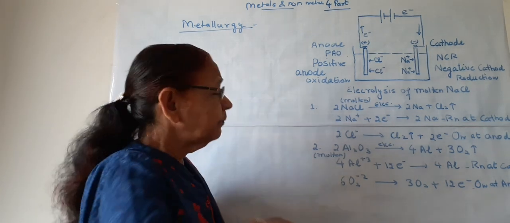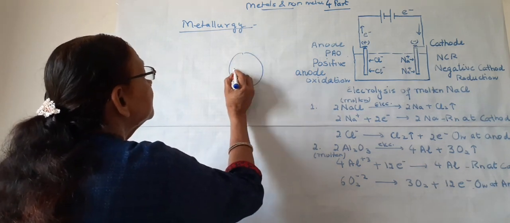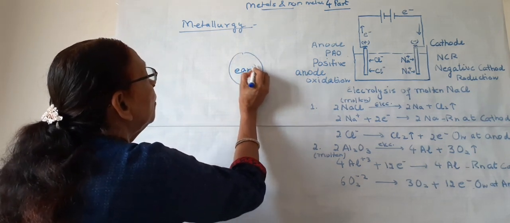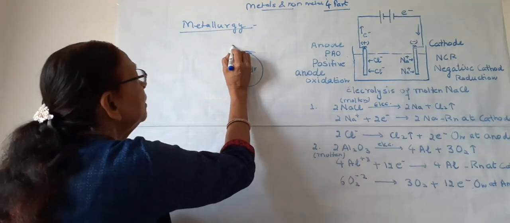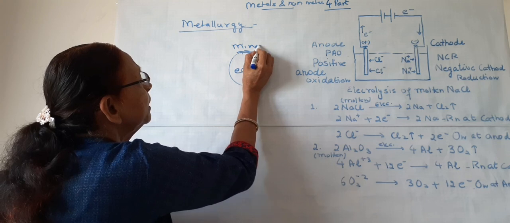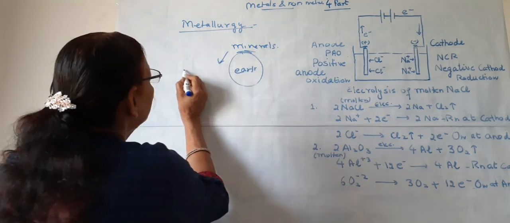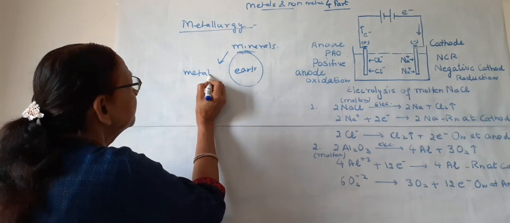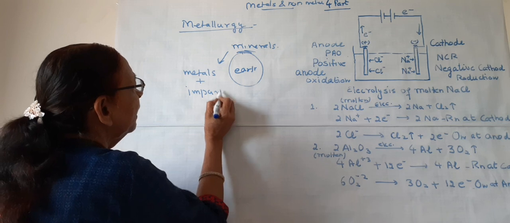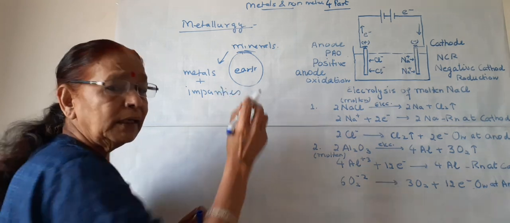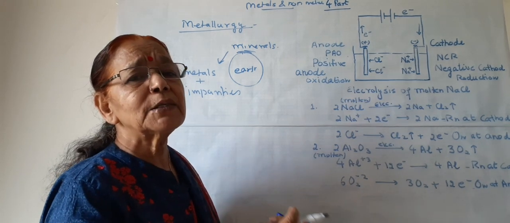It means on the earth crust certain substances are found which are known as minerals, and these minerals have metals plus certain impurities, in the form of sand or rocks or other chemicals or mud.